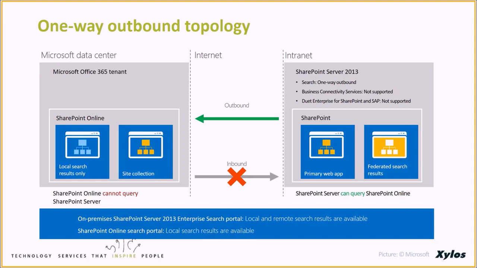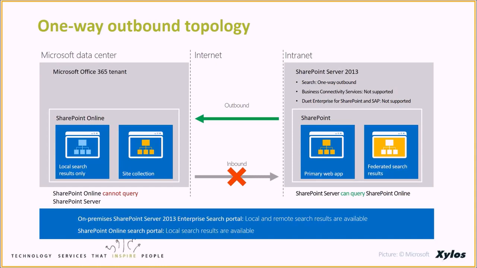And then you will be able to issue search queries on-premises, and that search query will get sent to SharePoint Online, and you will get a set of results back. That means you can have your on-premises search center, you type a word, you get a result block with SharePoint Online content, and then you get a result block with your normal on-premises content. That's really nice. It's called Query Federation, but it has some caveats that we're also going to discuss in a few minutes. So this is the one-way outbound topology.